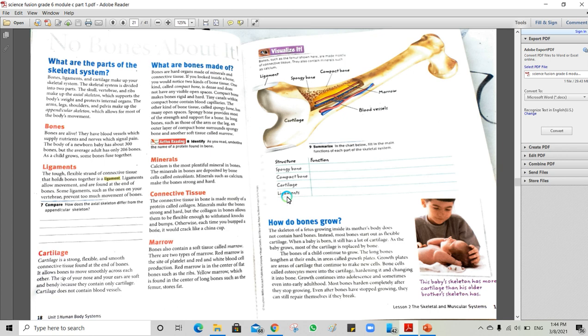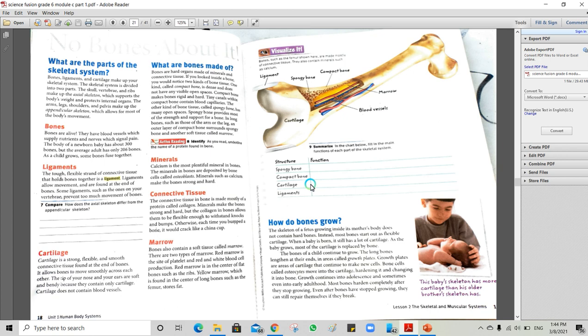What about cartilage? Write this in your book: it allows bones to move smoothly across each other. Again, it allows bones to move smoothly across each other.